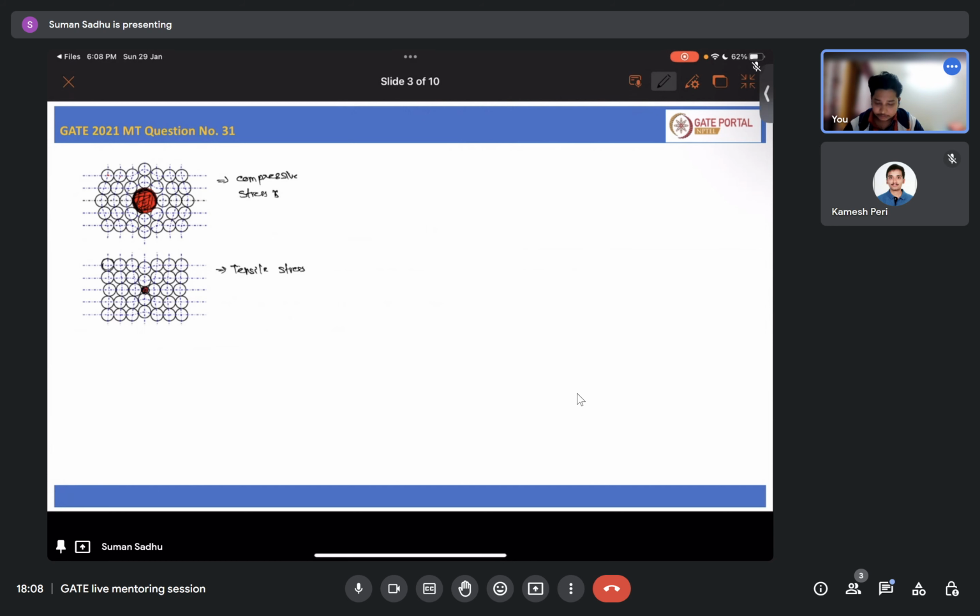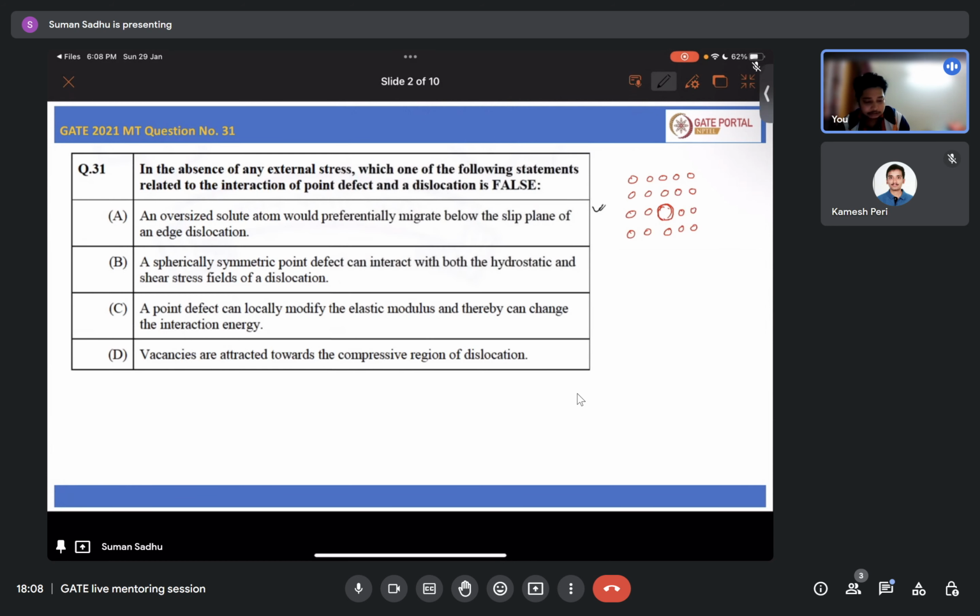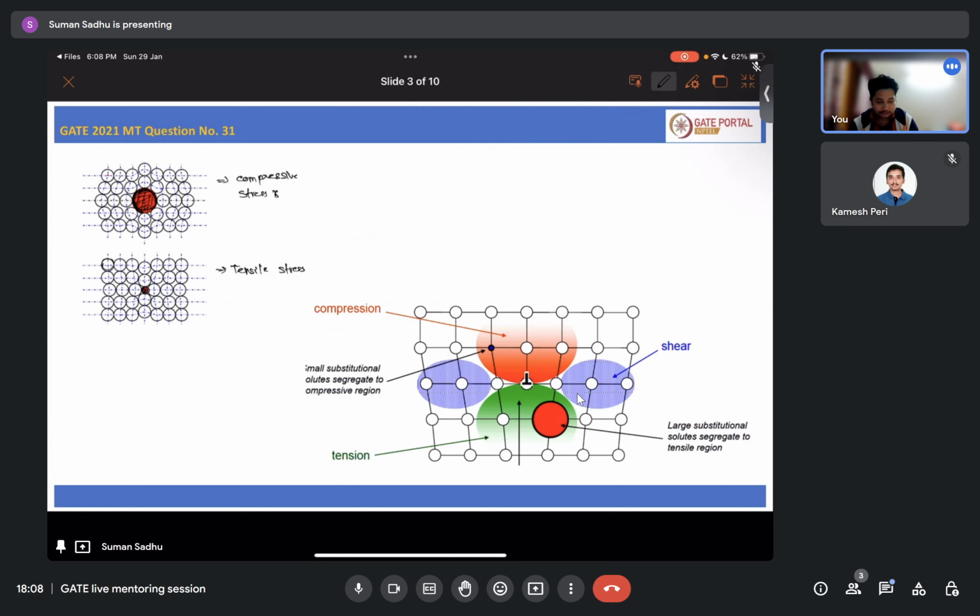Now let us see what the environment is in the surroundings of an edge dislocation. In this case, this is the edge dislocation, the location of the line of the edge dislocation. Now if you see the arrangement of the atoms at the top part and the bottom part, you will find that because of the absence of atoms in the bottom half plane, the matrix will get strained in that direction.